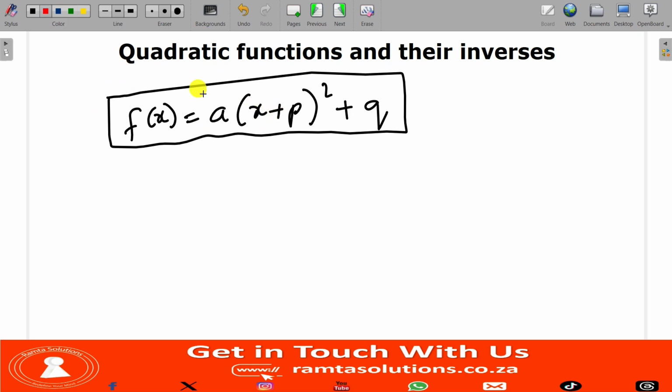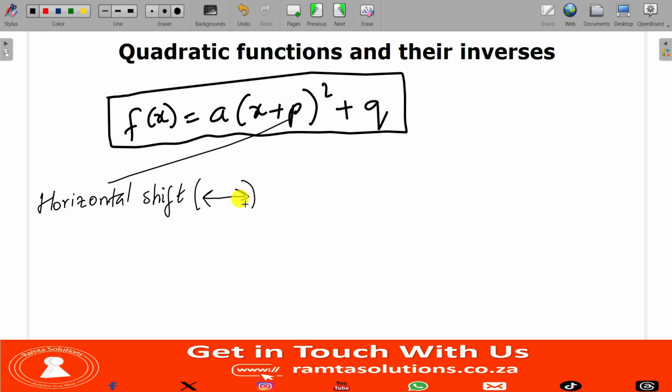A still means the same thing as in the first form, so we're going to focus on the p. This p represents what we call horizontal translation, or I like saying horizontal shift. What does it mean? It is involved with movement left or right.